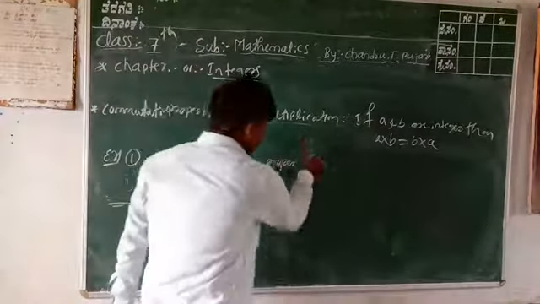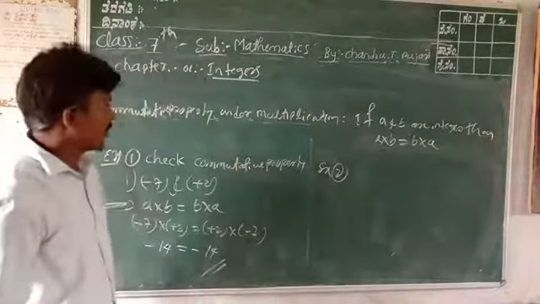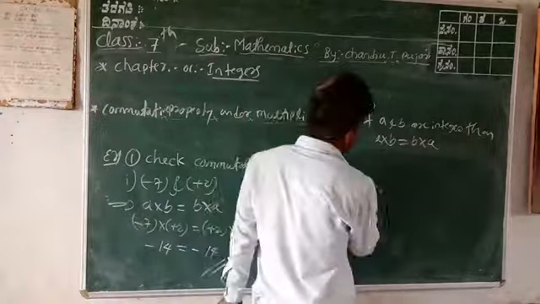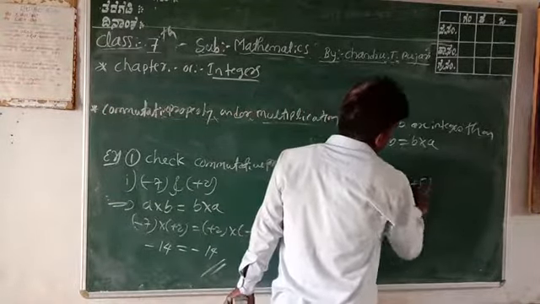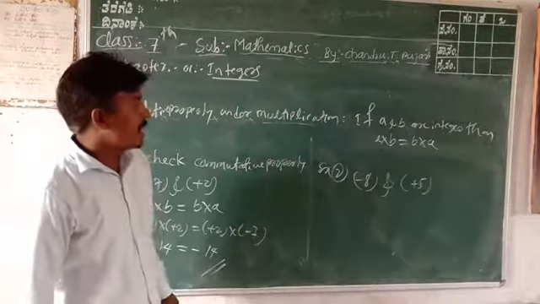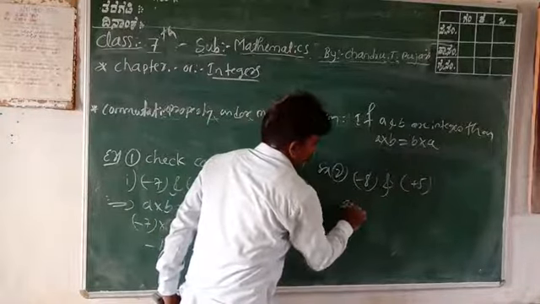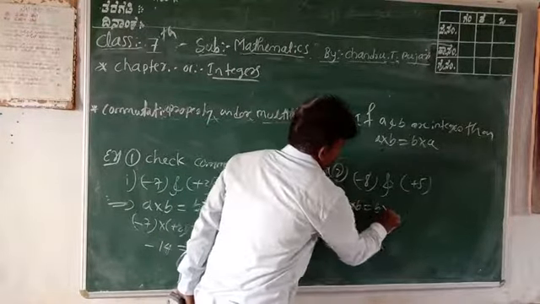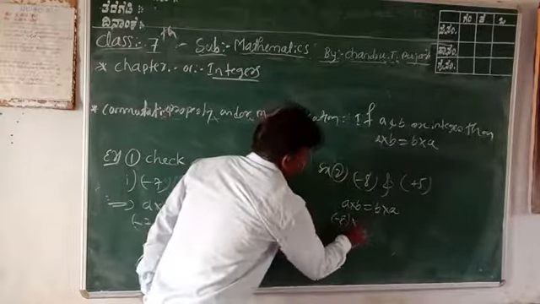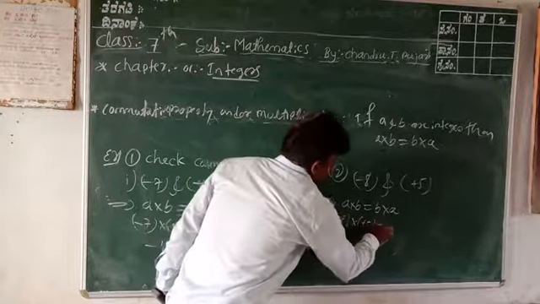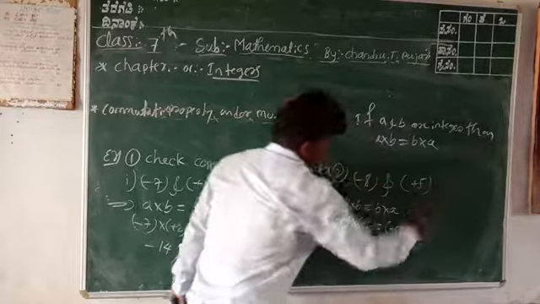Got it? Next, the second example, check yourself. Second example, commutative property under multiplication. Integers are minus 8 and plus 5. Check your commutative property under multiplication. Our rule is A into B is equal to B into A. A is minus 8 into B is plus 5 is equal to B is plus 5 into A is minus 8.